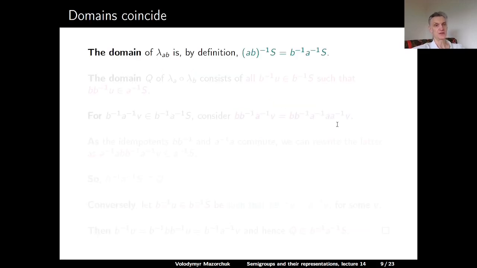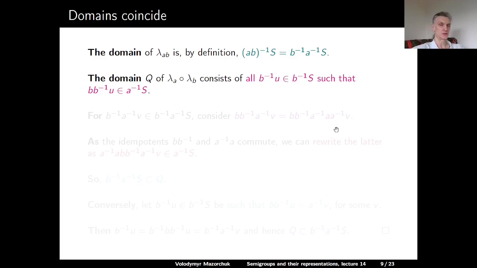By definition, the domain of lambda AB is AB inverse S, and this coincides with B inverse A inverse S. And the domain of lambda A after lambda B, we will denote it by Q. It consists of all elements B inverse U in B inverse S, such that B inverse U belongs to A inverse S.